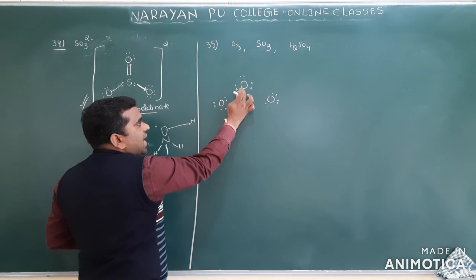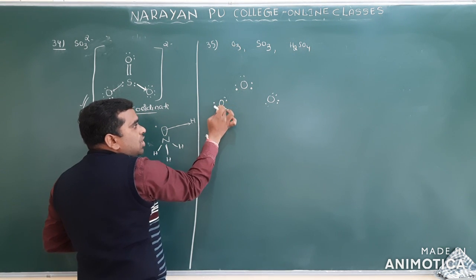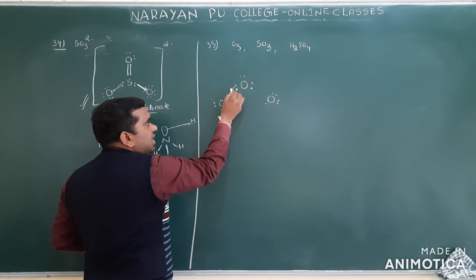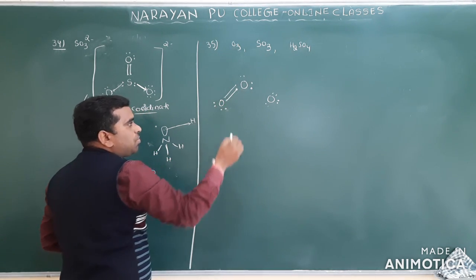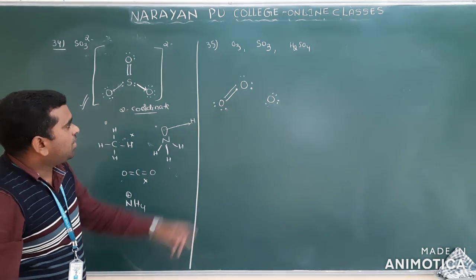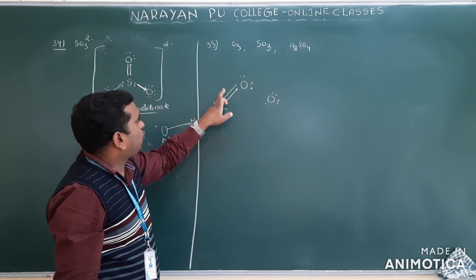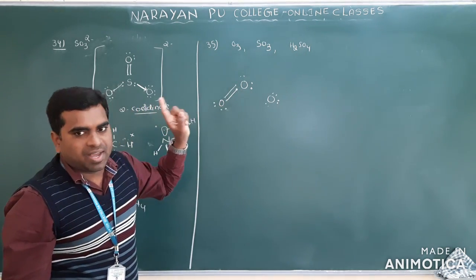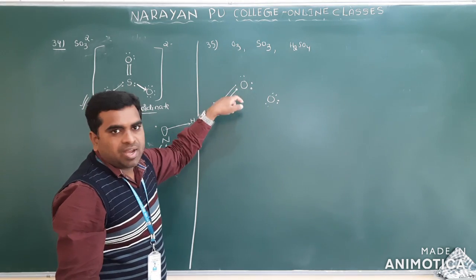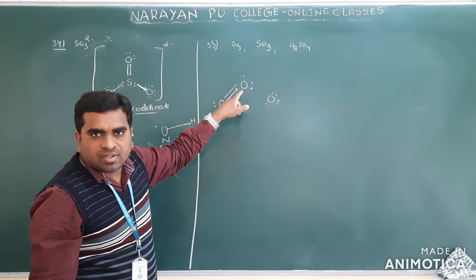So this oxygen will give 2 electrons, and then it will form a bond. Then the central oxygen has 1, 2, 3, 4 pairs of electrons, total 8. It completes its octet. Clear?